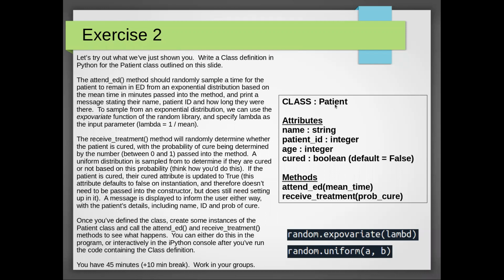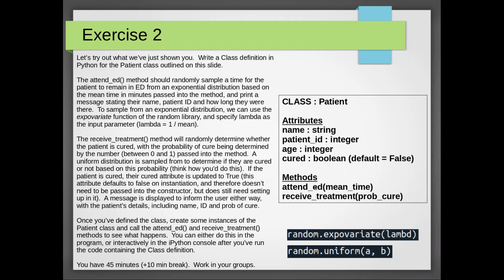That's a class called patient, which has these attributes: a name, which is a string, a patient ID, which is an integer, an age, which is an integer, and a Boolean value called cured, which has a default value of false. It also has these two methods: attend ED, which accepts as an input a mean time, and receive treatment, which accepts as an input a probability of cure.